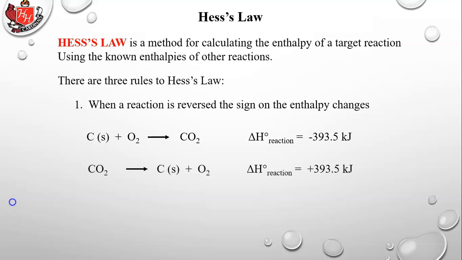Now, if you wanted to decompose carbon dioxide into carbon and oxygen, go in the other direction, you would have to put in the exact same amount of energy, 393.5 kilojoules. So that would be an endothermic reaction to break apart carbon dioxide.